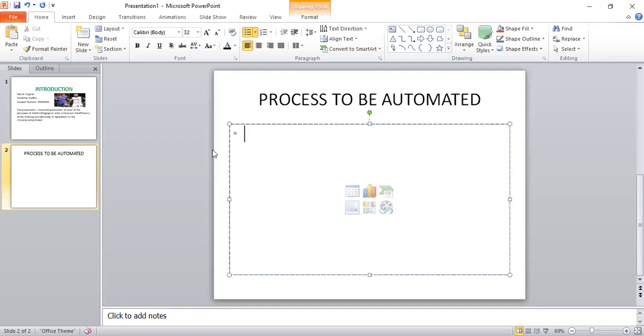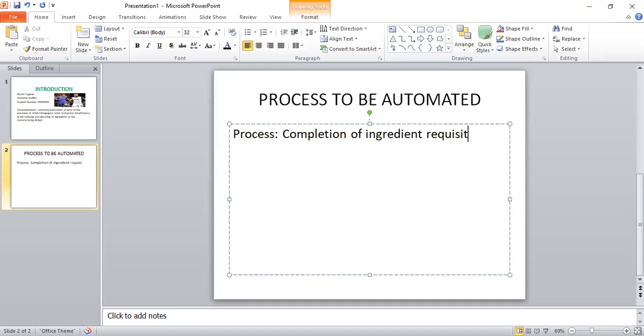Then we can say the process: completion of ingredients requisition and sending the requisition to source.